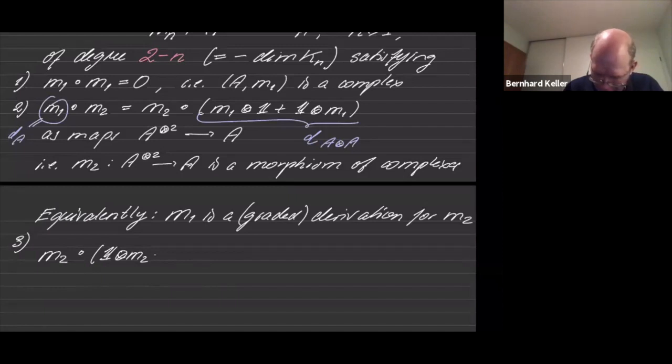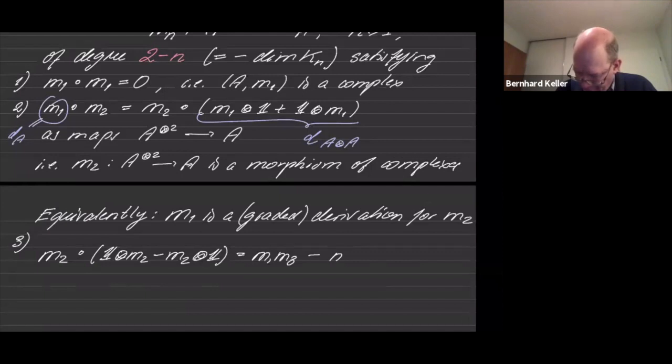Now the third equality goes as follows: M2 composed with (1 tensor M2 minus M2 tensor the identity). This is M1 composed with M3 minus M3 composed with (M1 tensor 1 plus 1 tensor M1 tensor 1 plus 1 tensor 1 tensor M1).